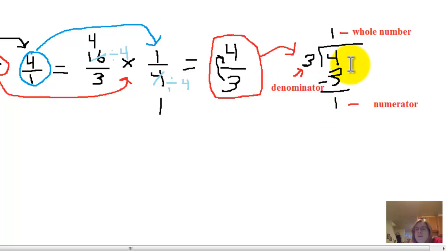Okay, so when we build our new mixed fraction, we had an answer of 4/3, so now our 4/3 after we divide becomes 1 as the whole number, the remainder of 1 as the numerator, because that's the little bit left over, back over that same denominator of 3. So ultimately the answer to the problem is 1 1/3.